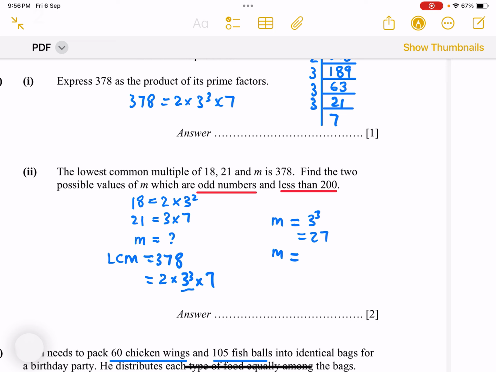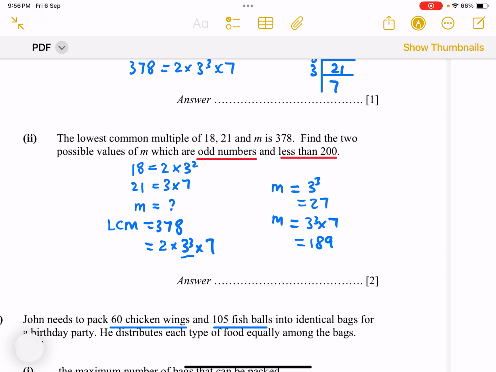Now, m can also be 3 cubed times 7, because the LCM has 3 cubed and 7. We cannot take 2, because multiplying by 2 will give us an even number. When we work this out, it is 189, which is less than 200. So these are the two possible numbers: m is either 27 or 189.